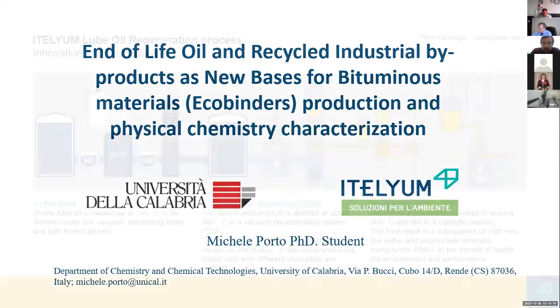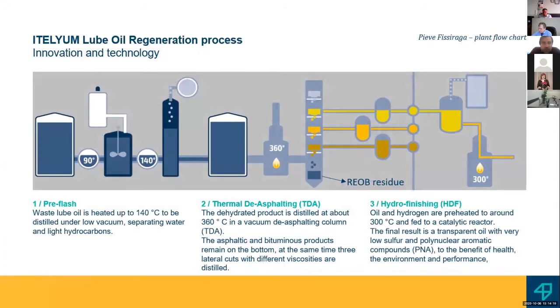In particular, as you can see here, this is a simplified scheme of the plant, and you can see a pre-flash where the oils are heated up to 140 degrees, and then they go into a thermodeasphalting column, which works at 360 degrees and at low pressure.